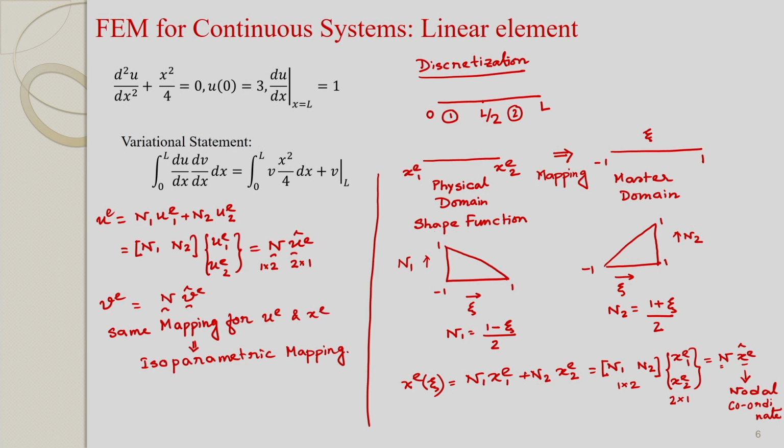It is already utilized. We have to only impose the Dirichlet or the essential boundary condition, which is in terms of the dependent variable u, that is at the left node it is 3.